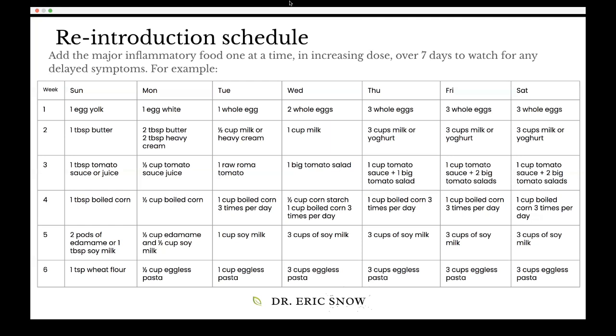And then the next day you could do a half of a cup of rice pasta. And then the next day, a cup of rice pasta. That way you can see how your body's doing with that grain. And if you're going to keep a gluten-free diet and you just want to see how your body deals with it, I would go that route versus introducing the wheat.